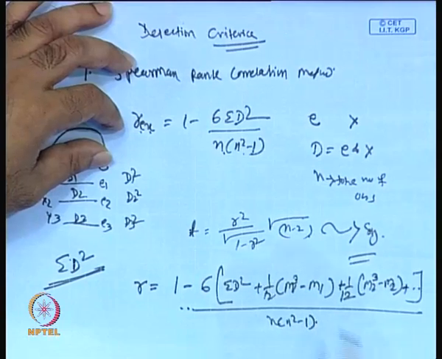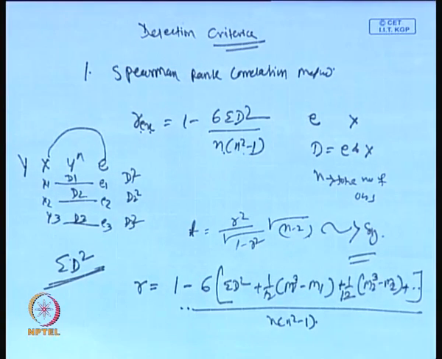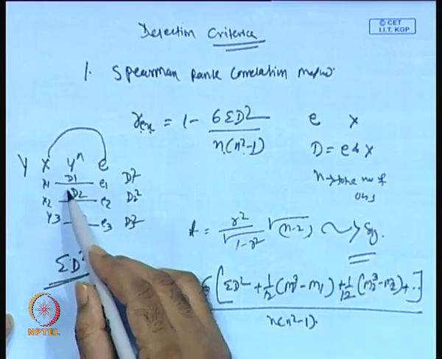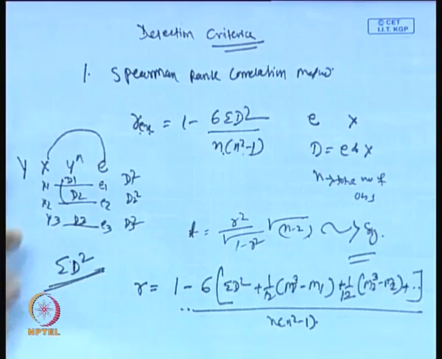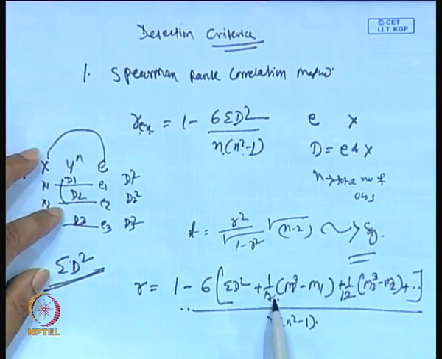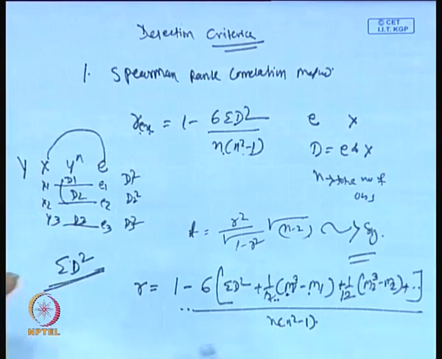This should be the criteria when equal ranks are there. For instance, let us say D1 and D2 are equal, so that means 2, 2 is there. So in one case it is 1 by 12 times 2 to the power 3 minus 2, like this. You have to calculate the rank correlation coefficient.